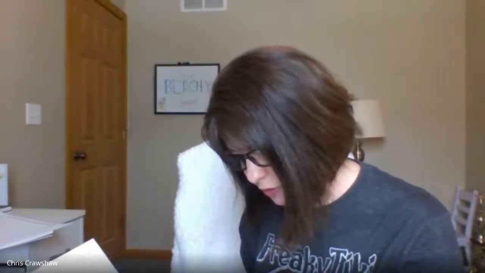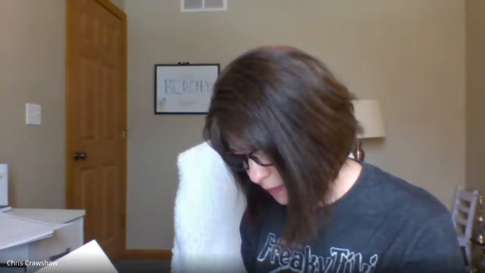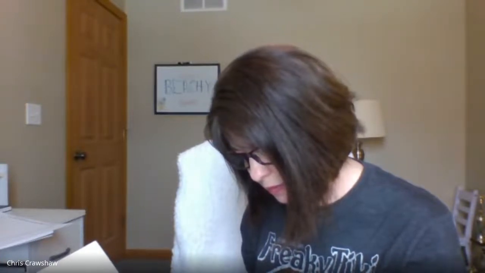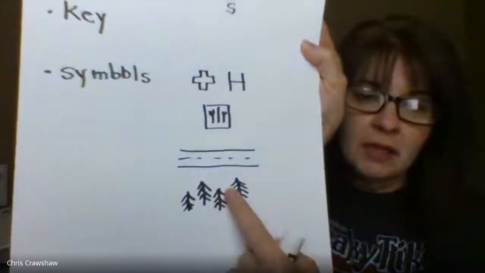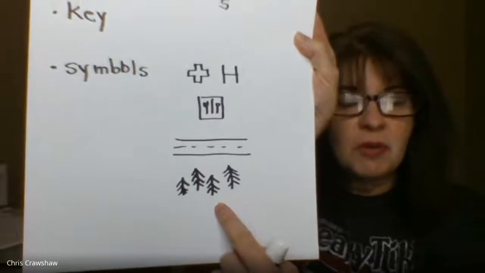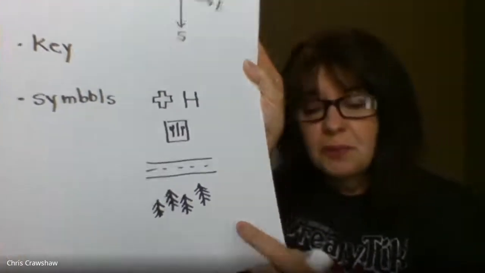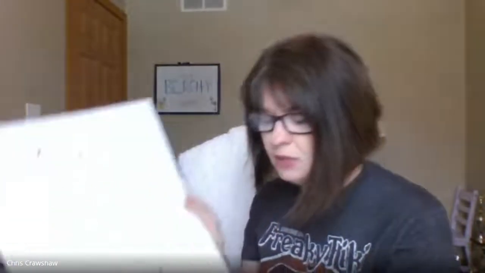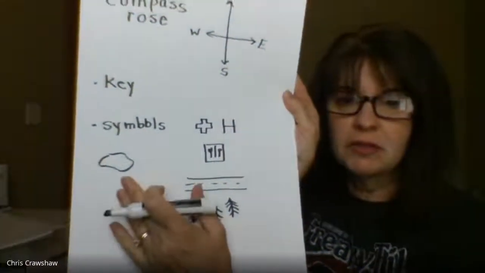Sometimes it might show, let me draw another one real quick for you. See if you can figure out what this one might show. Something like this. That shows maybe where there's a woods or a forest. Sure. It can show all kinds of things. It can show a pond. It can show a playground. Here's my pond over here on this side. So those symbols are pictures that mean something on the map.